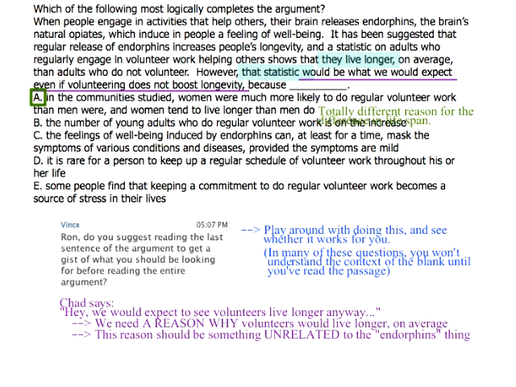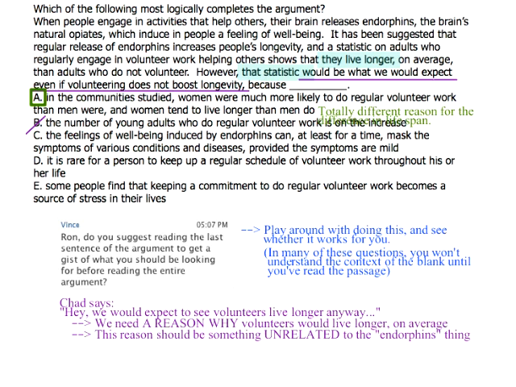There you go. The other ones: B does not tell you why people would live longer. That's not a thing. C, the feelings of well-being induced by endorphins. This is actually more evidence in favor of endorphins. It will not help you find an alternative reason.